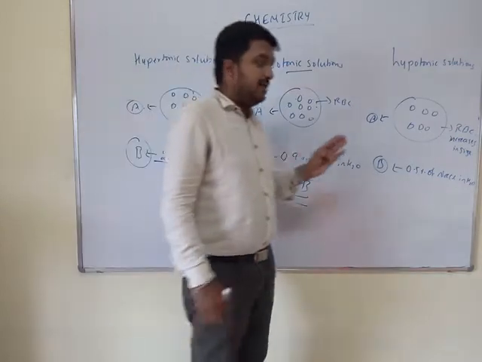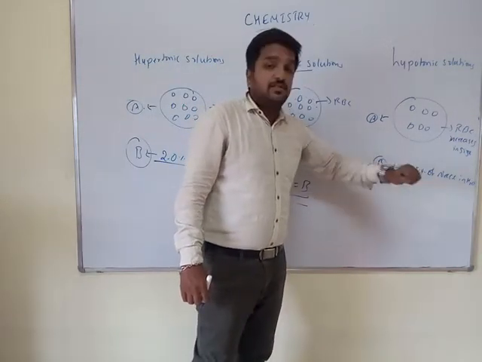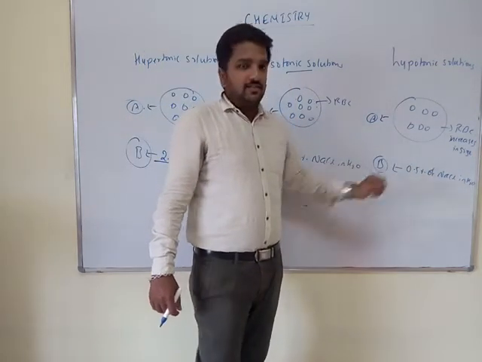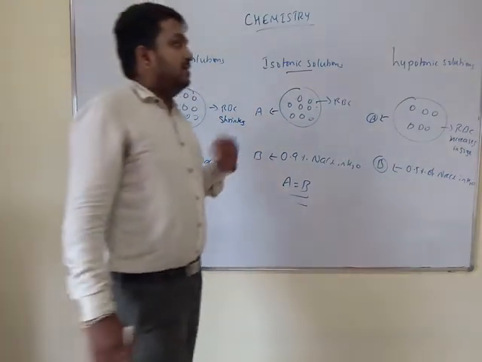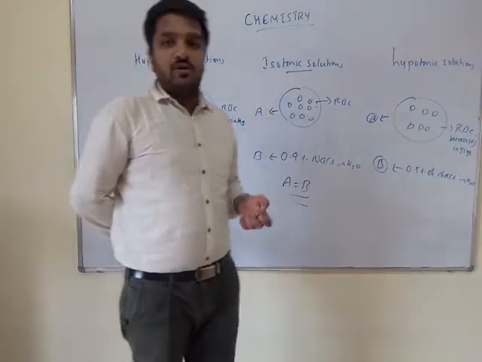It is because we have taken just 0.5% of the sodium chloride solution, so the concentration is low here. So this type of solution, where the osmotic pressure is lesser than that of the given solution, we call hypotonic solutions.